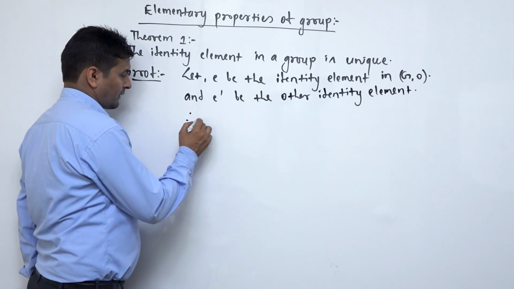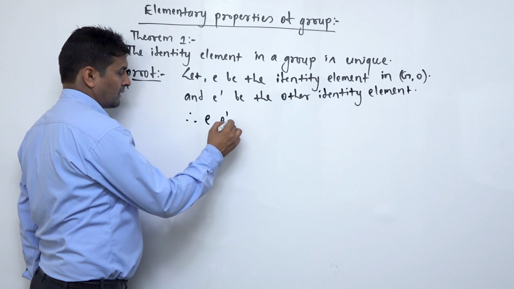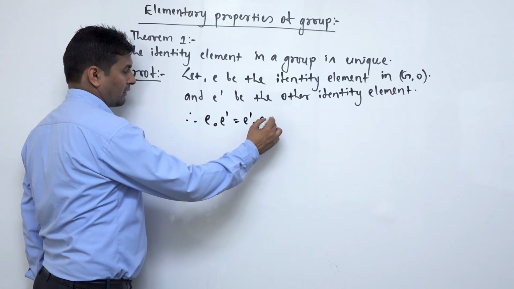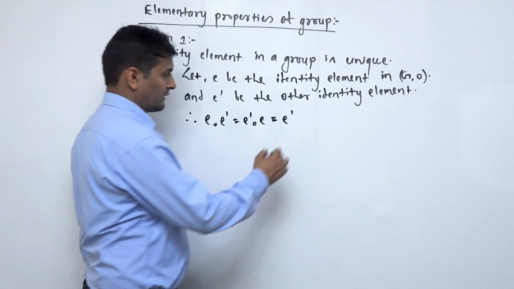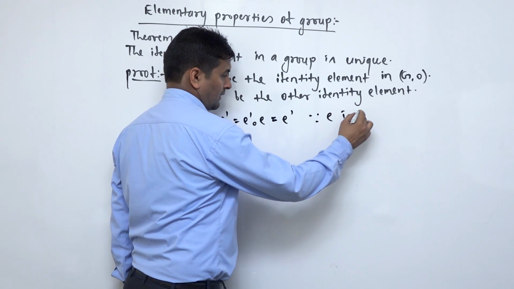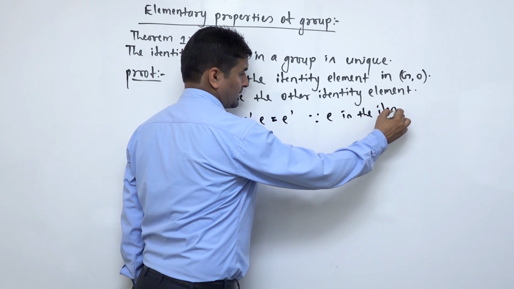Therefore, E not E dash equals to E dash not E equals to E dash, since E is the identity element.